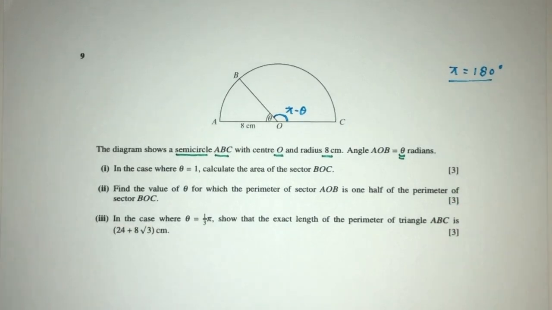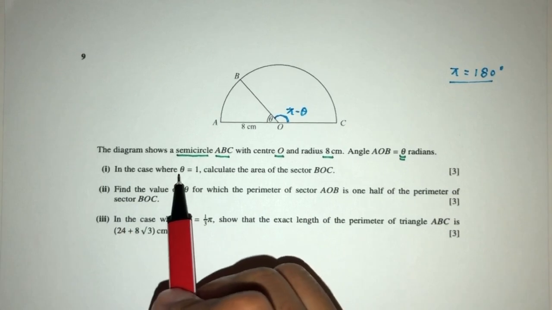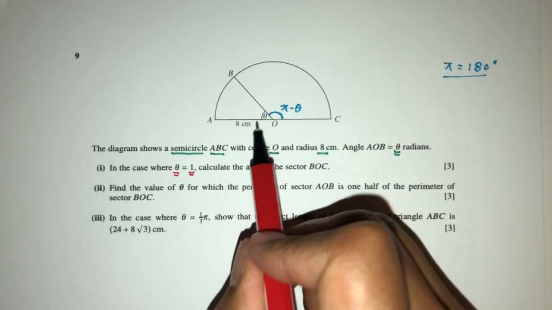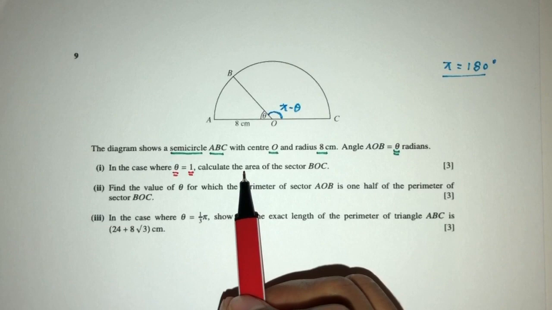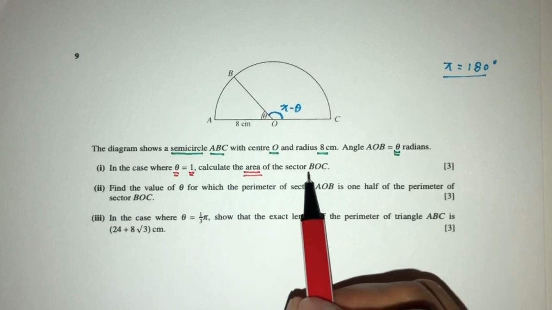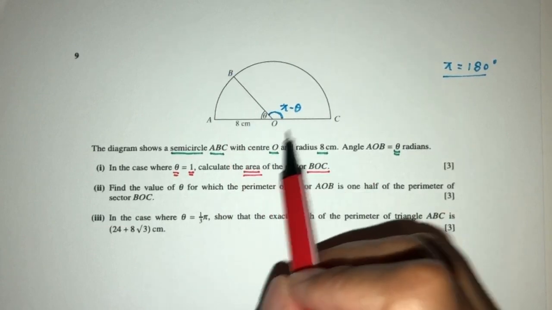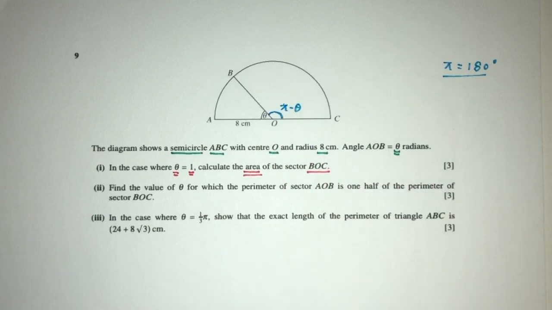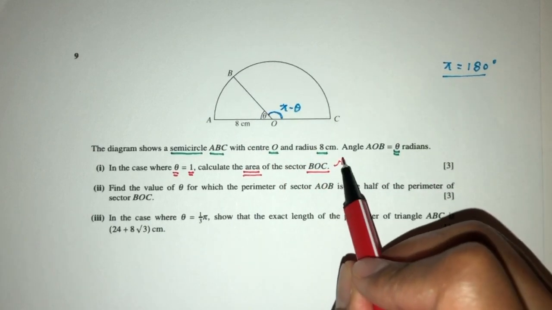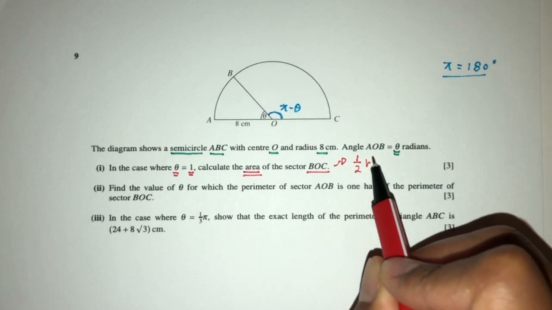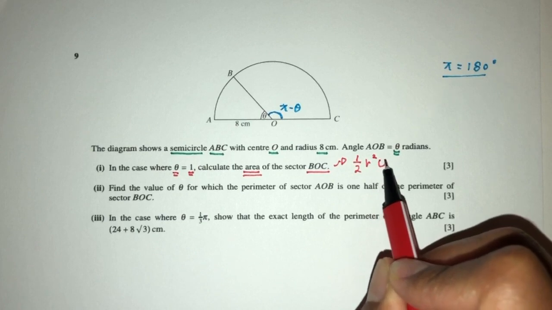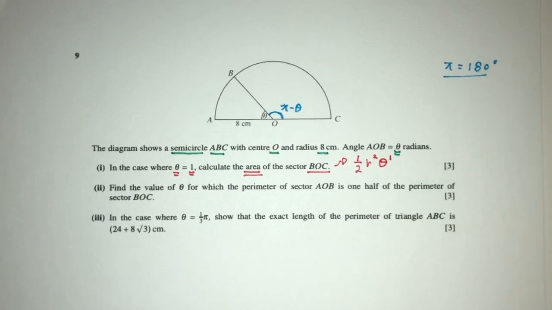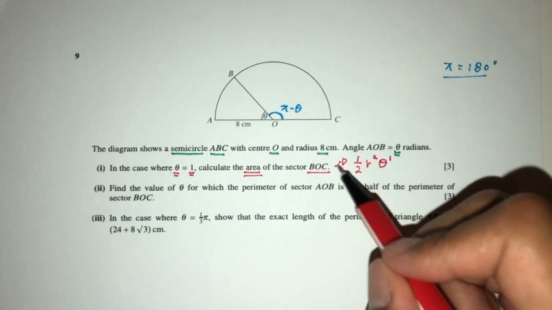Now, let's move on. Part 1, in the case of theta equal to 1, we have to find the area of the sector BOC. So we have to find the area of this sector. Now we have to know area of a sector is what? It is half r squared times the angle. Let's call this theta prime. It's just the angle, okay? Now replace.